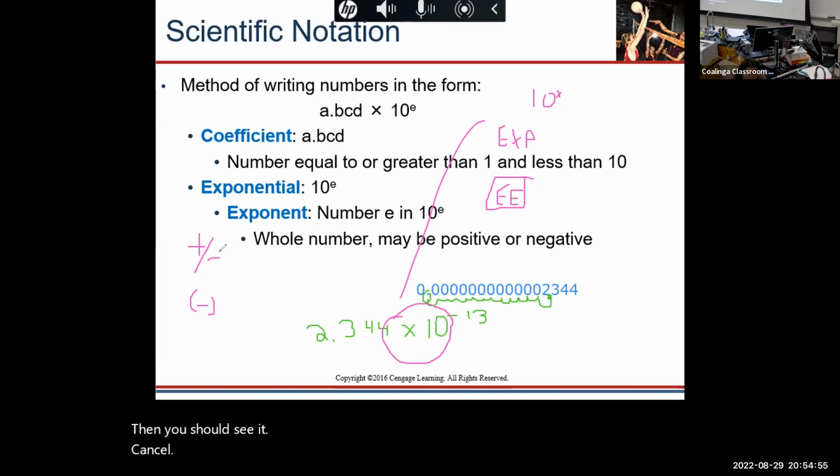Then you hit E. Then plus minus. 2.34 times 10, then EE, then plus or minus.